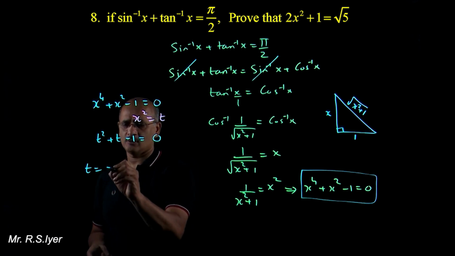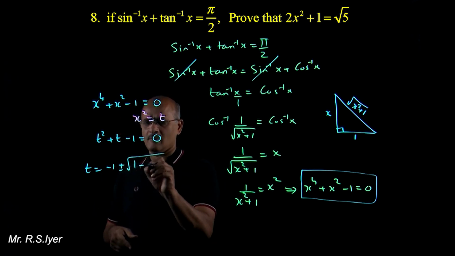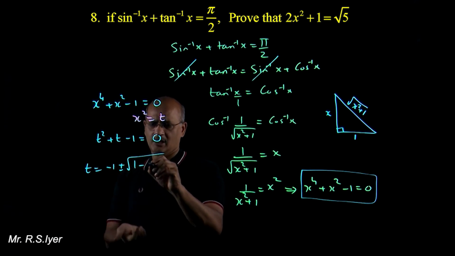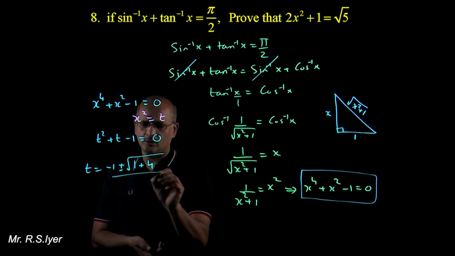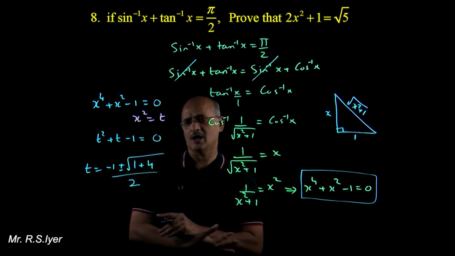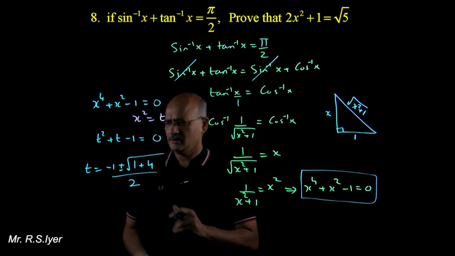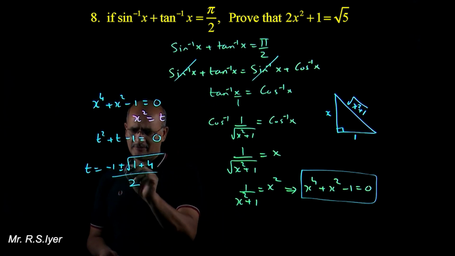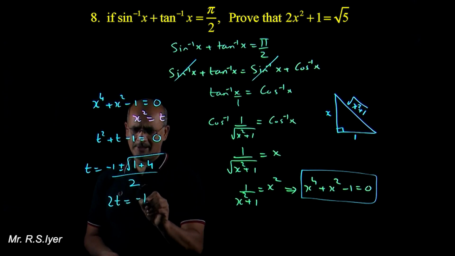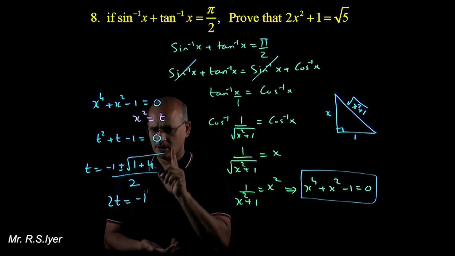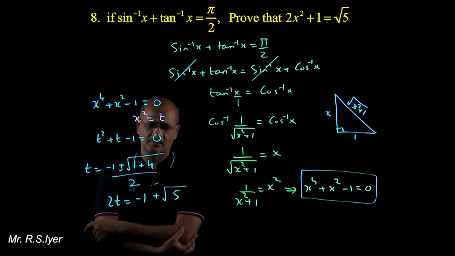Minus b is minus 1 plus or minus square root of b square minus 4 into a into c, that is plus 4, upon 2a. Check it out. So I am not ignoring the negative sign here. So this is nothing but 2t is equal to minus 1 plus root 5, that's it.